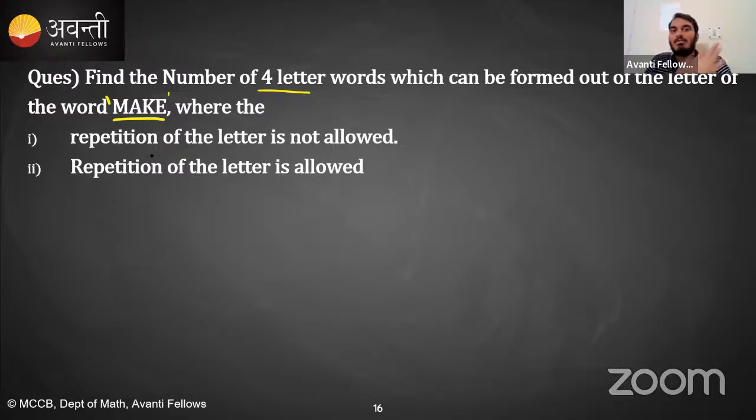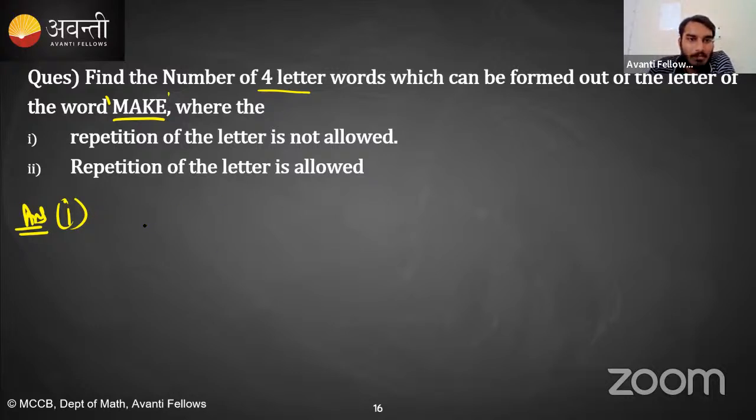First part, repetition is not allowed. Let's solve each part one by one. So first is when repetition of the letters is not allowed.